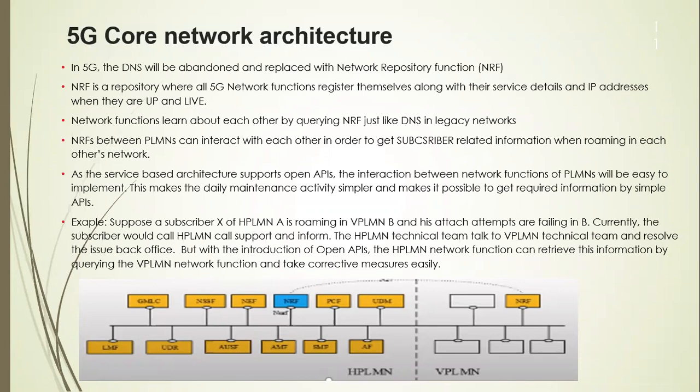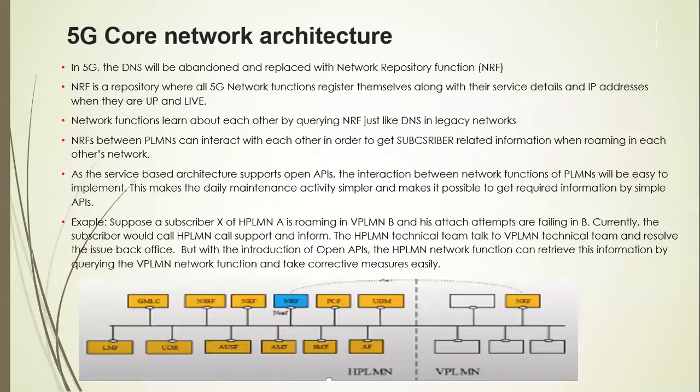As I said earlier, in 5G, the DNS will be abandoned completely and replaced with a network repository function. NRF is a repository where all 5G network functions register themselves when they are up and live.